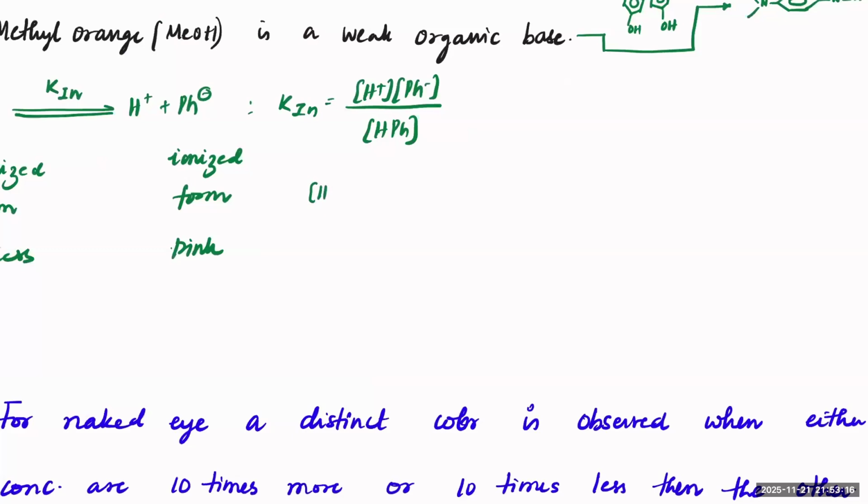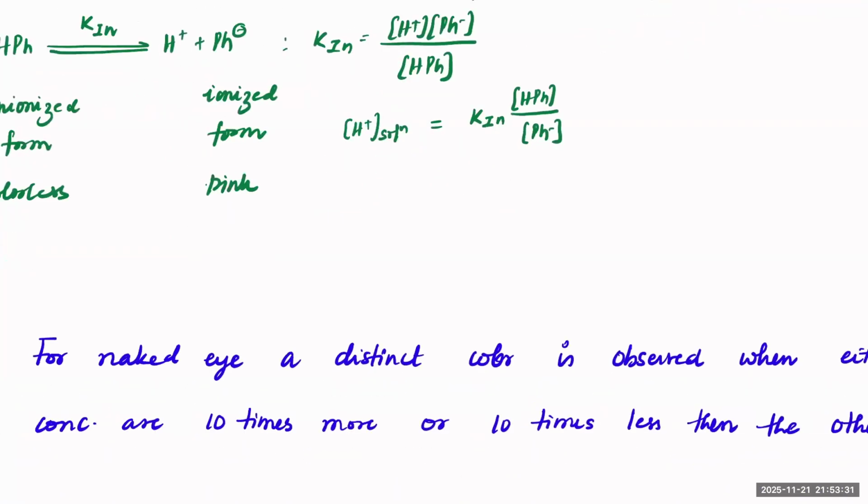The H plus concentration of the solution will be equal to K in into HPH concentration divided by Ph minus concentration. If I take minus log on both sides, I will get the pH of the solution, which is equal to pK in plus log of Ph minus divided by HPH.